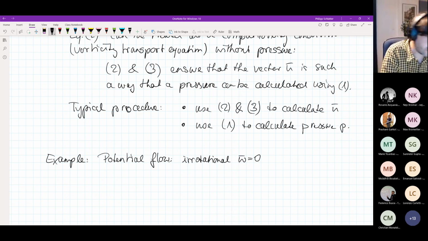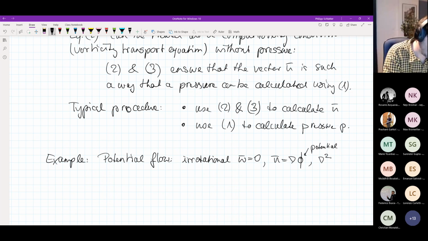At the same time, we know that we can write the velocity as a gradient of something, a gradient of phi, which in this case would be the potential.